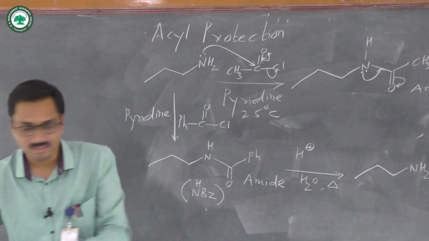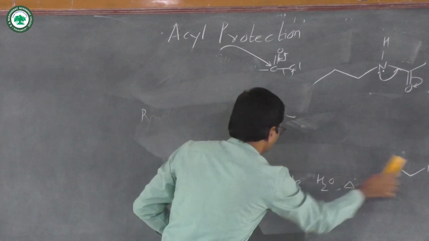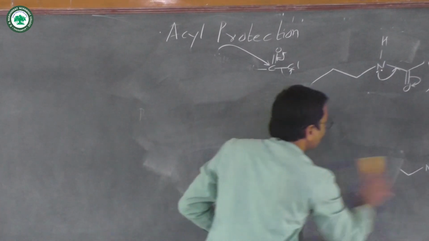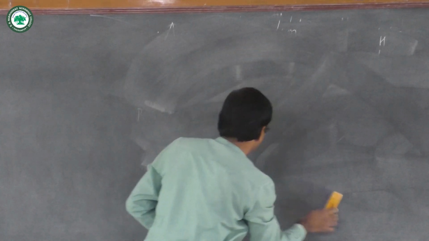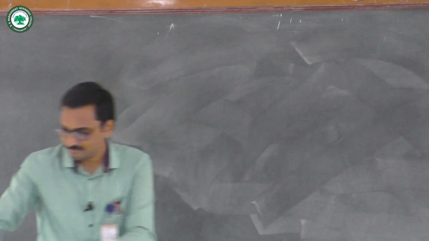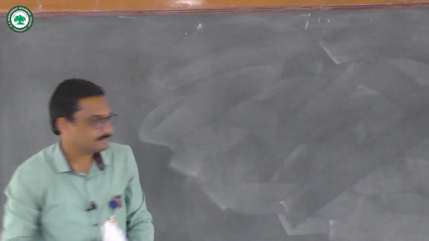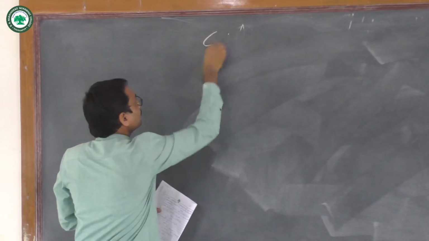Then we will consider the next protecting group for NH2, that is Cbz.